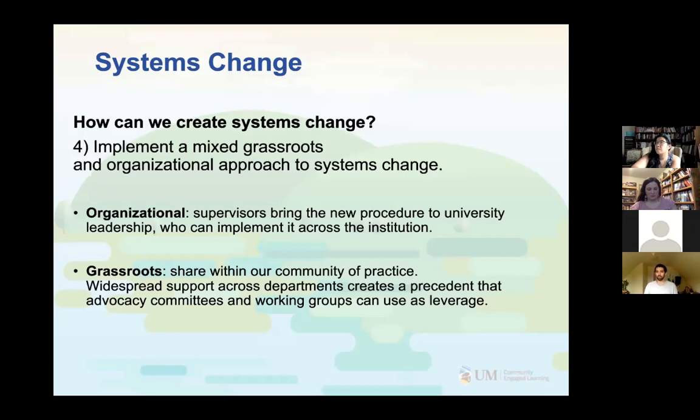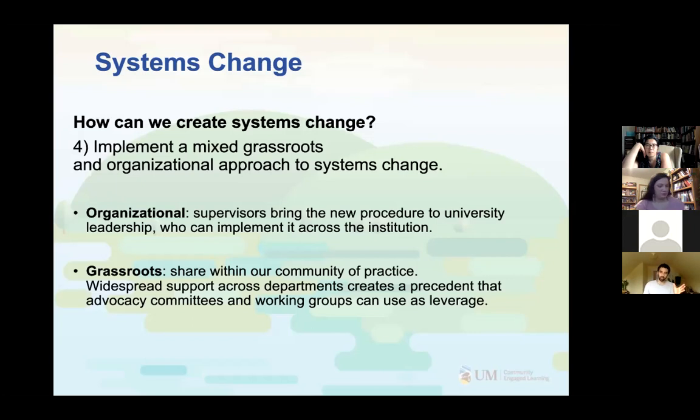An organizational approach to system changes in this case would be for me to talk to my supervisor, my ED, bring this new procedure and this documentation that I created for them to take it to university and senior leadership and advocate for change from those hierarchical structures.